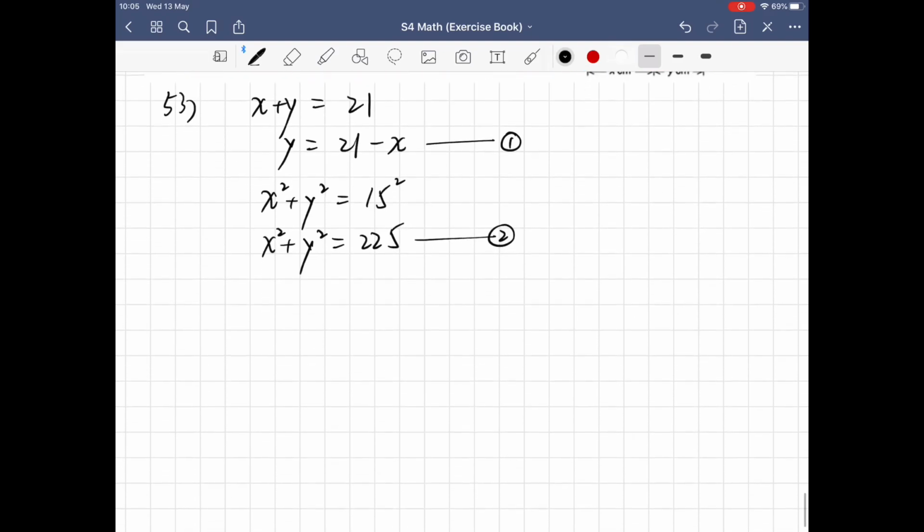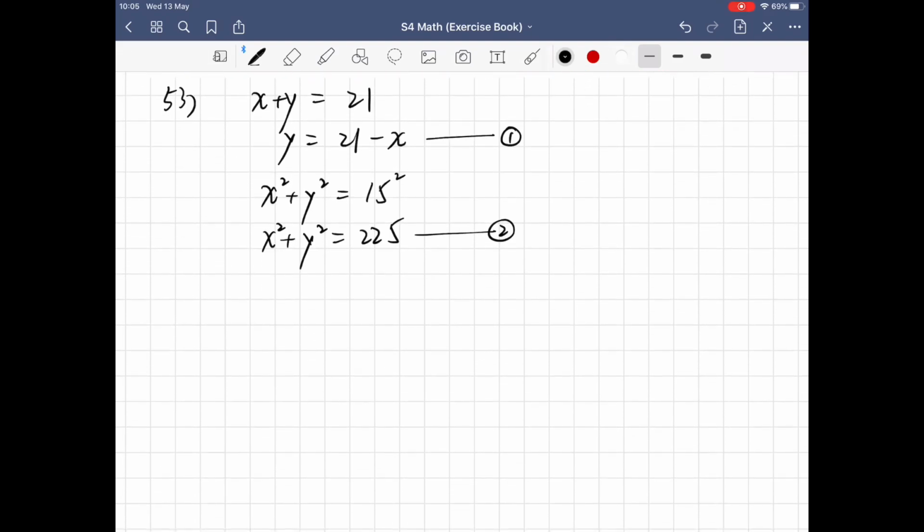So we can substitute 1 into 2, so that for the second equation, y will be substituted as 21 minus x, and we have x squared plus (21 minus x) squared equals 225.